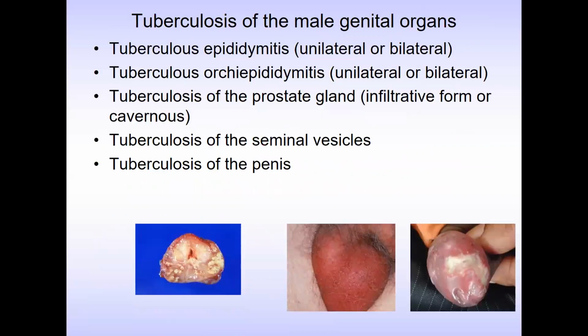And it may be tuberculosis of the male genital organs, and you can see in this picture what it includes. It can be tuberculosis of the penis or prostate gland, and so on.